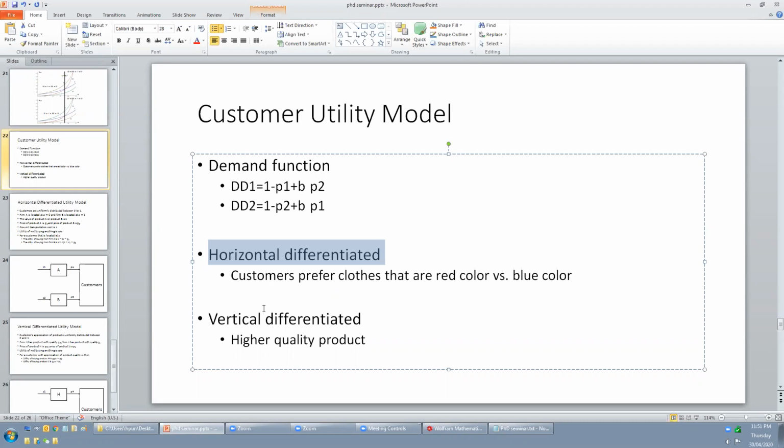If both cost $100, then everyone is going to buy the higher quality one, and no one will buy the lower quality one. People buy lower quality only because it's cheaper. If the price is the same, everyone will buy high quality.